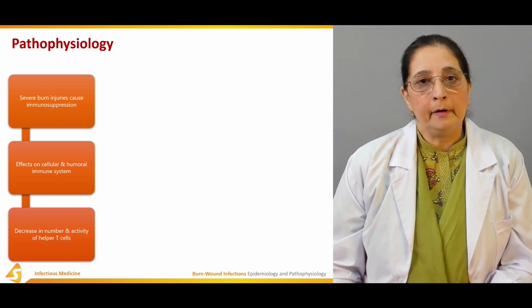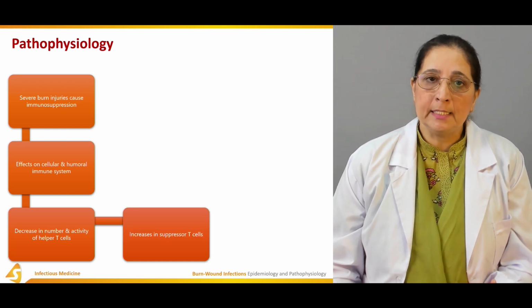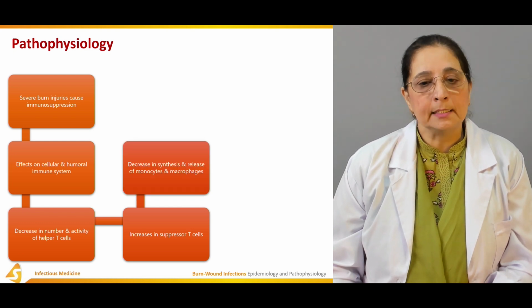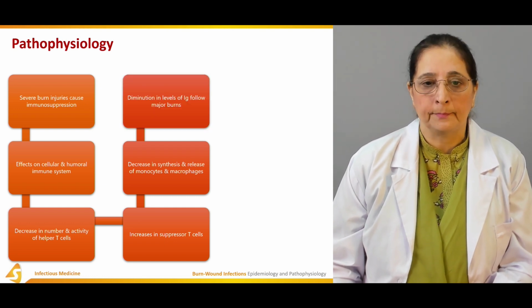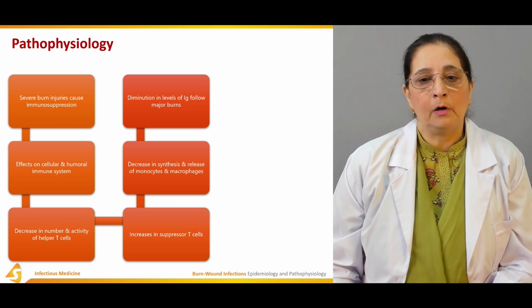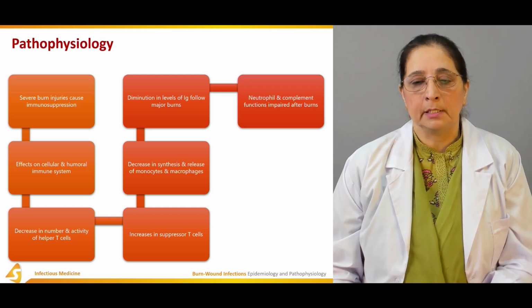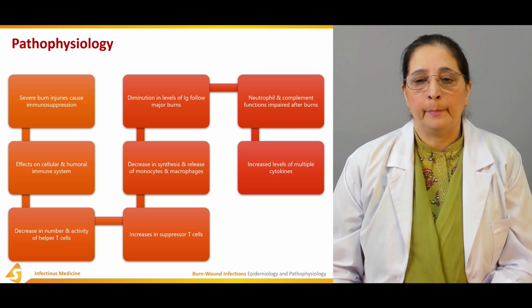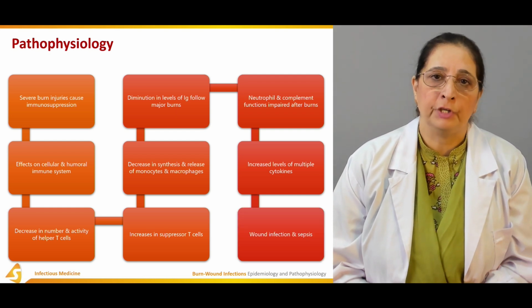There is a decrease in the number and activity of helper T cells, an increase in suppressor T cell activity, a decrease in the synthesis and release of monocytes and macrophages, diminution in level of Ig following major burns, neutrophil and complement functions impaired after burn, increased levels of multiple cytokines, and then wound infection and sepsis.